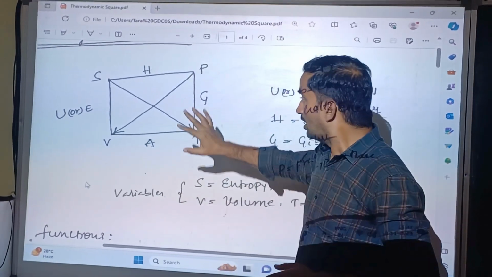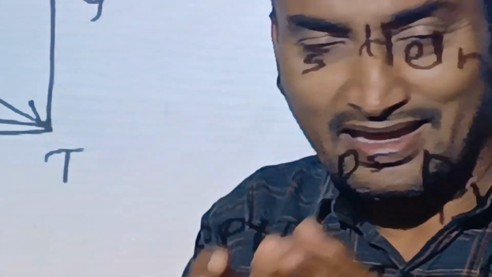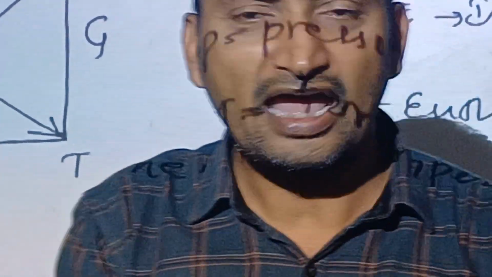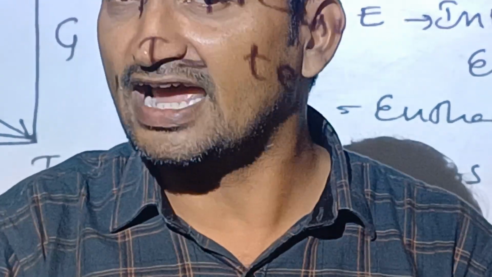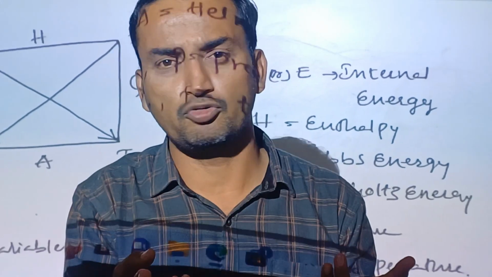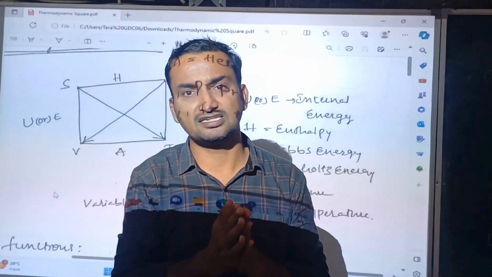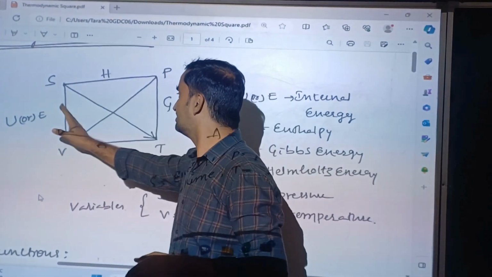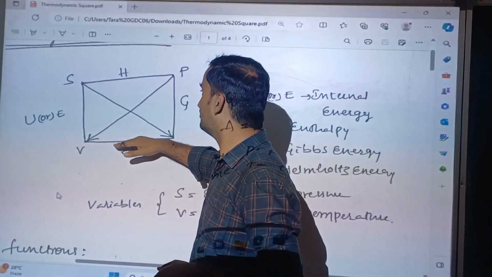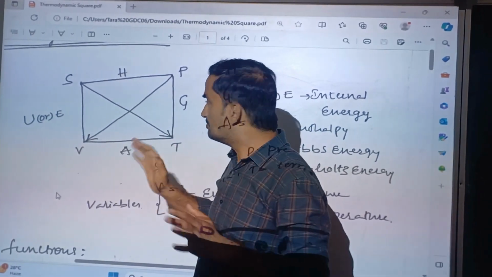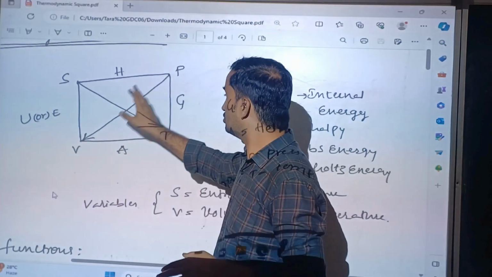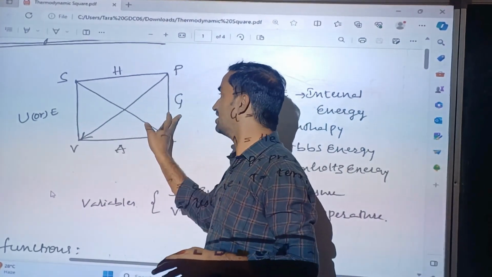Now, to get the Maxwell relations, we have to consider opposite sides. Now, a square will be having 4 sides. 4 sides means how many opposite sides? Two pairs. 2 pairs of opposite sides, right? Like this we can take one opposite pair, or otherwise like this we can take. Now it is a simple thing.